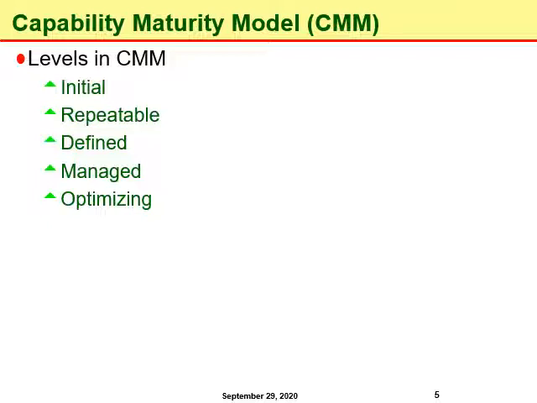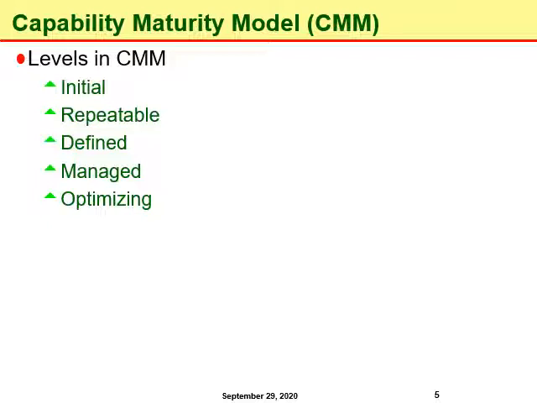So at the initial level, the processes are not organized, or even chaotic. Success is likely to depend on individual efforts, because processes would not be sufficiently defined and documented to allow them to be replicated.